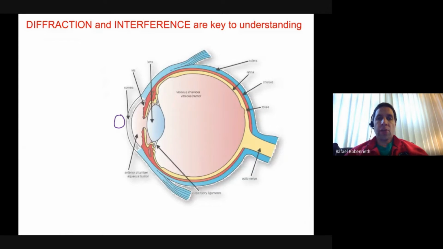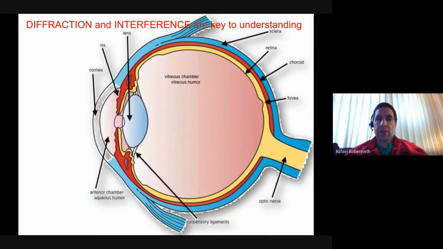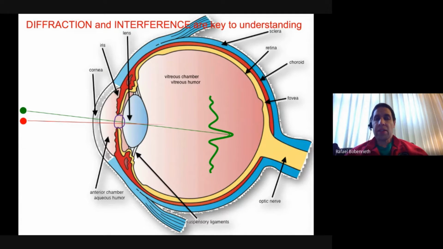Now, with our human eye, and this is just a graphic of it, notice we have two light sources here on the left, and I want to emphasize something right away. This is red and green, but it's not necessarily different wavelengths or different colors of light. I've made them red and green just so that we can distinguish them here on the far right. Imagine they are the same wavelength, so they're the same color.